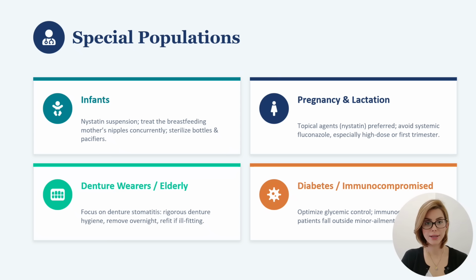For denture wearers and older adults, the focus is denture stomatitis: rigorous denture hygiene, out overnight, and a refit if it's ill-fitting. And for patients with diabetes, optimize that glycemic control, while the immunocompromised, as we said, fall outside minor ailment scope and should be referred.